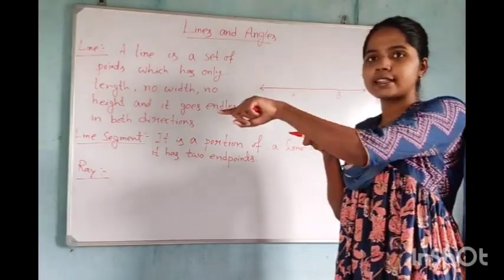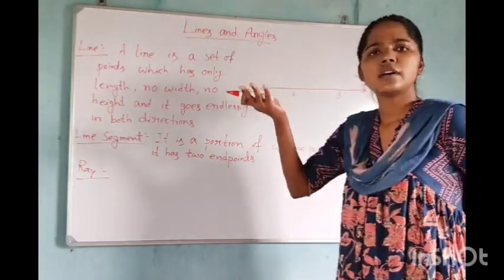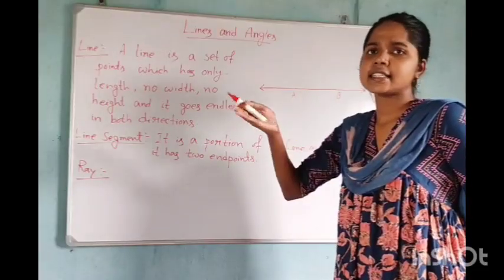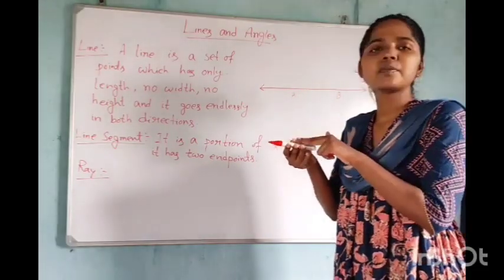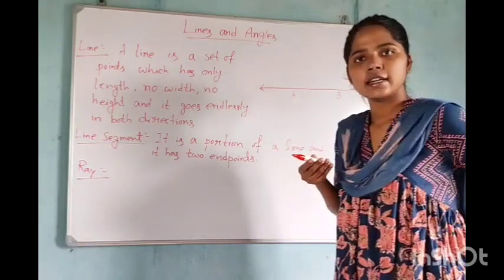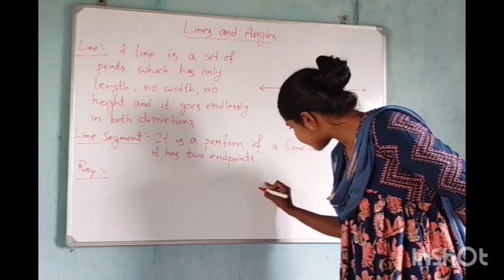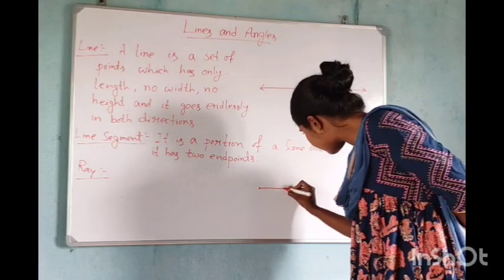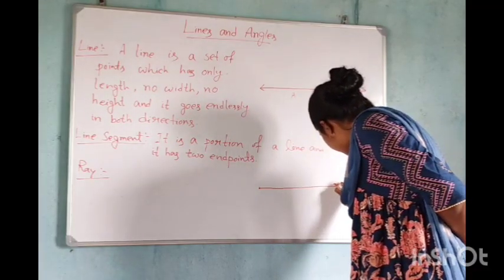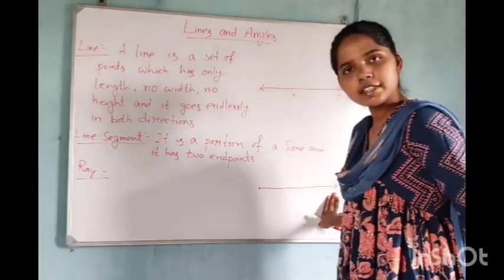The ray comes from a source and goes like this, and it can go endlessly. But it starts from this point, means one point is fixed and the other is endless. So a ray is like this. Okay, it has an initial point and the other direction is endless.